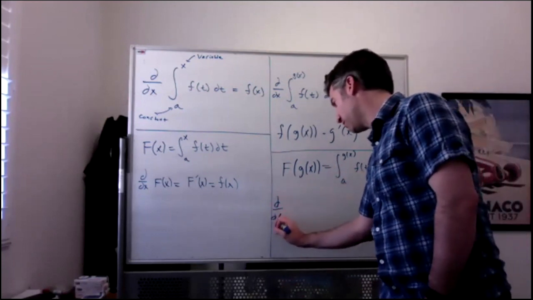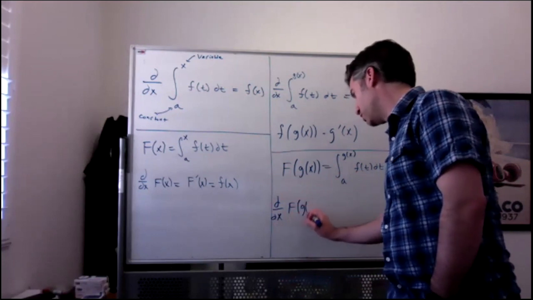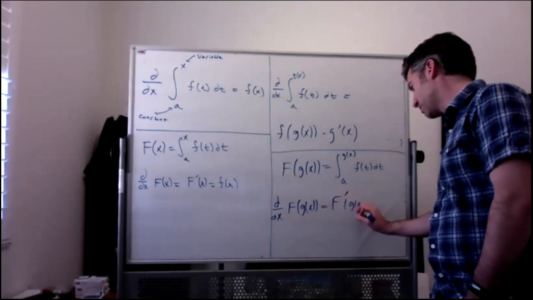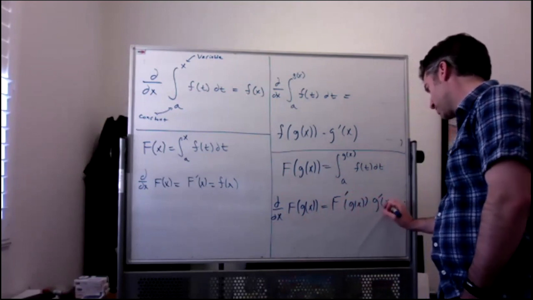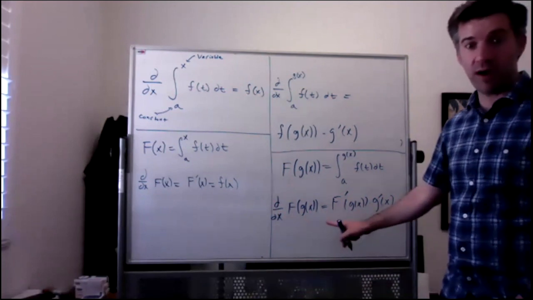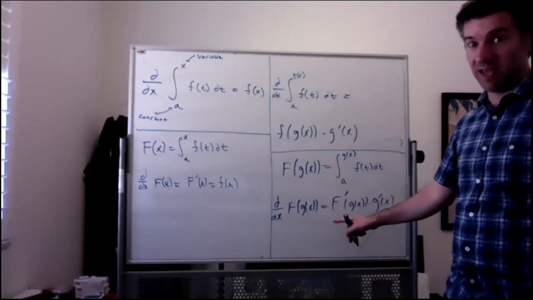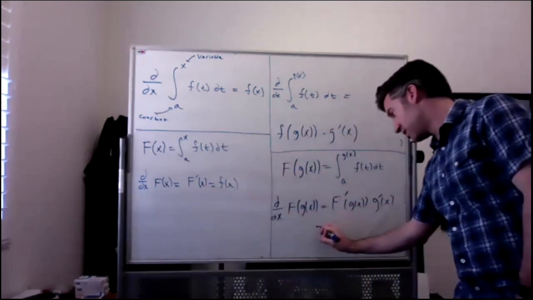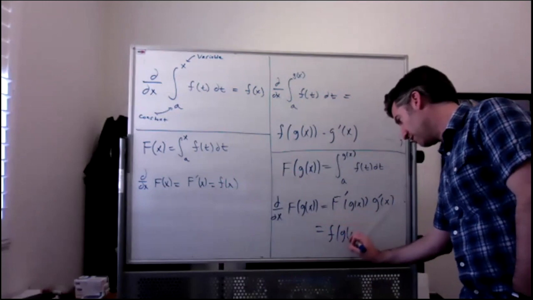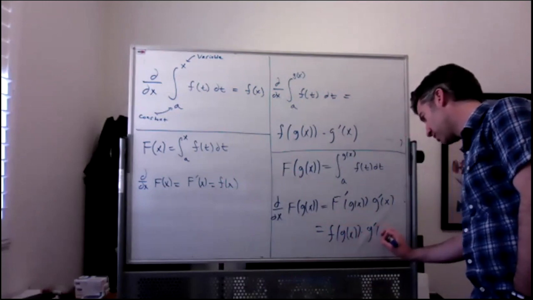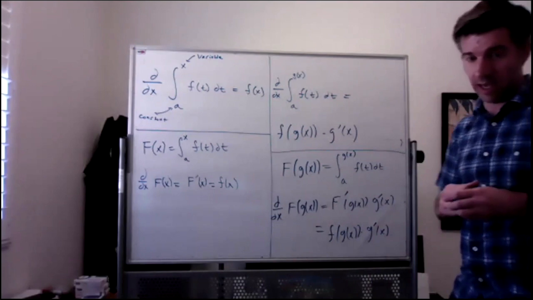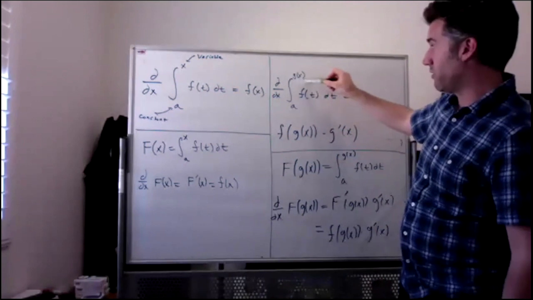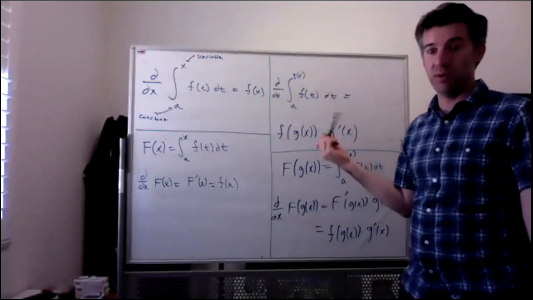The derivative of capital F of g of x is F prime of g of x times g prime of x. But capital F prime, the derivative of the antiderivative, is just f. So this is really just f of g of x times g prime of x. Or as I like to say, if you're differentiating an integral like this, you plug in the function of x everywhere you see t, and then you multiply by the derivative of that.